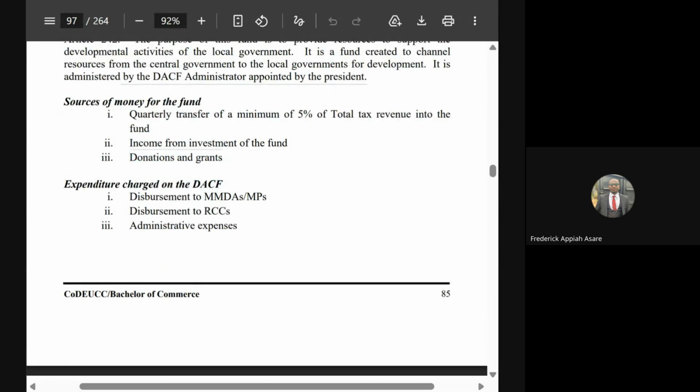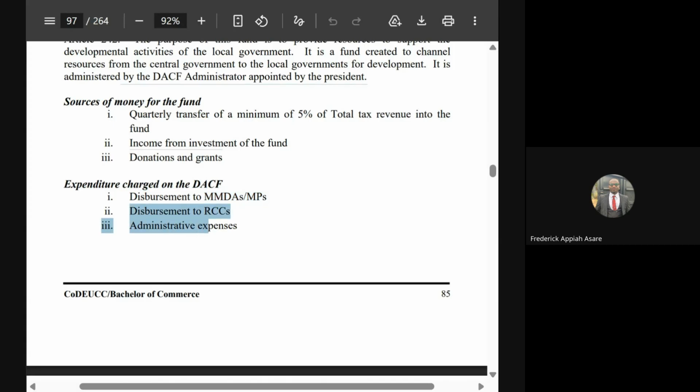Then the expenditure charged on the District Assembly Common Fund is disbursement to MMDAs or MPs. Most of the developmental projects MPs do usually come from the District Common Fund. When it is deposited into the fund, some is transferred into the MPs' and MMDAs' coffers so that they will use it in their operations.